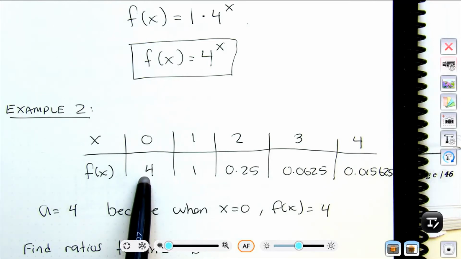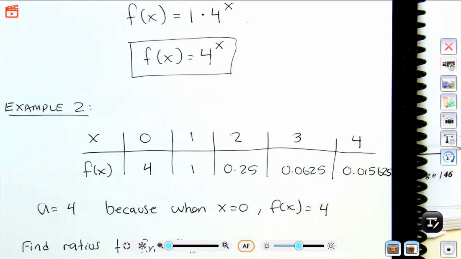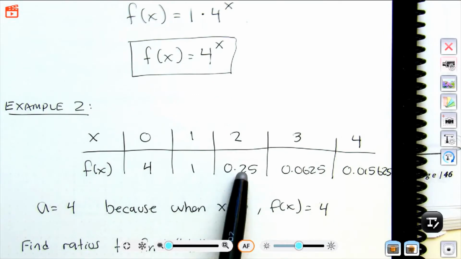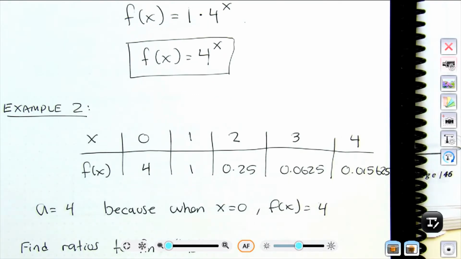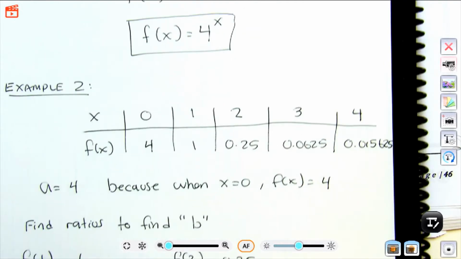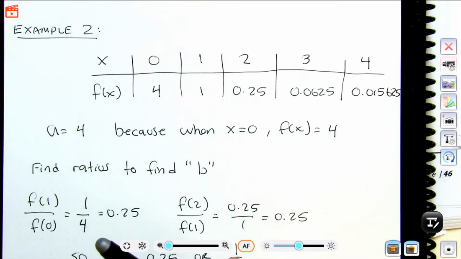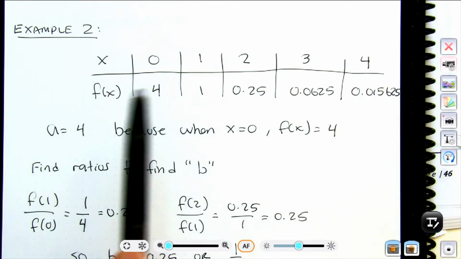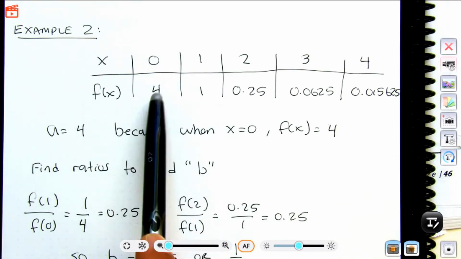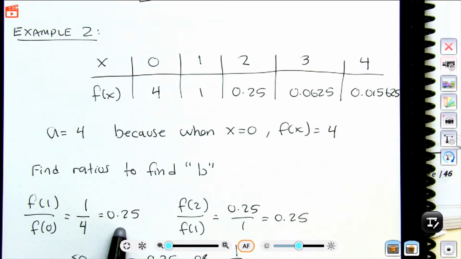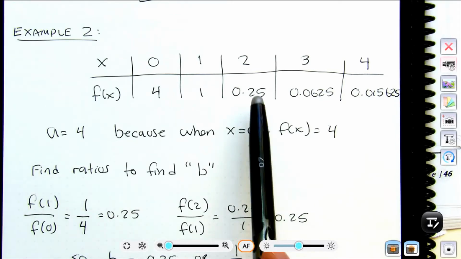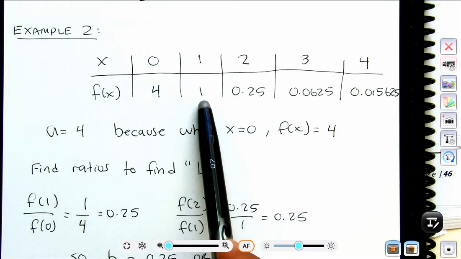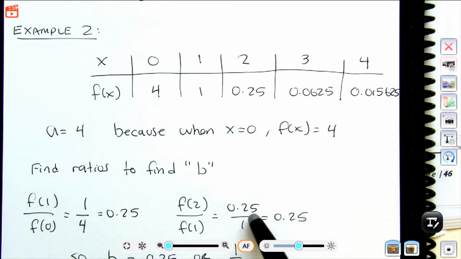Next, to find b, we need to check to see if the ratios are equal to each other. I'm not going to test all of them, but I'm going to test a few. Let's do f of 1 divided by f of 0. So 1 divided by 4 is 0.25. And then f of 2 divided by f of 1. So 0.25 divided by 1 is 0.25.